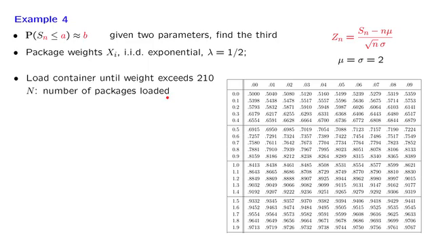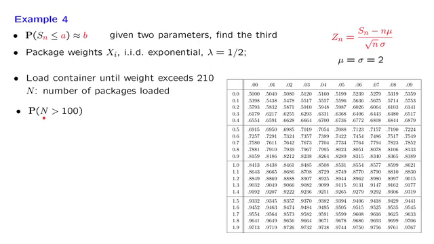If you're unlucky and you happen to get lots of heavy packages, then you will stop earlier. We would like to calculate, approximately, the probability that the number of packages that have been loaded is larger than 100.